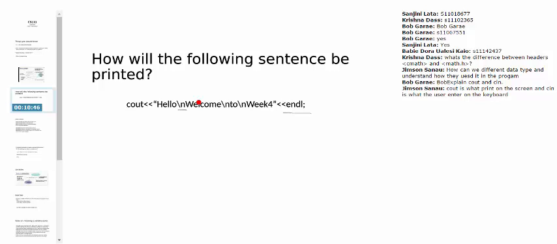So any answers? Okay, we have a response from Krishna, yes. So yeah, that's correct. That's how this statement will be written. So for the rest of you, here we have a cout, and then we are writing hello, right? So we write hello, and then you can see there's a backward slash and an n.